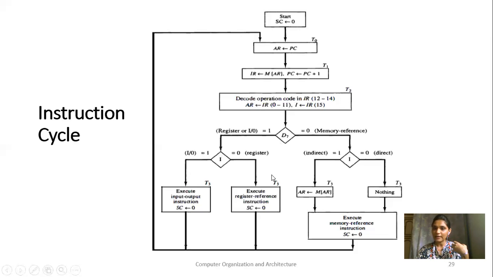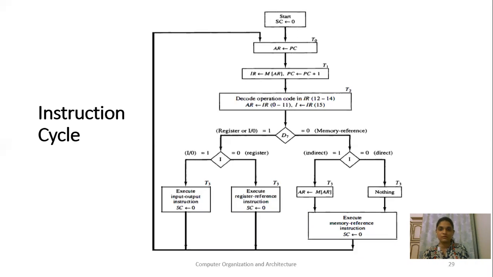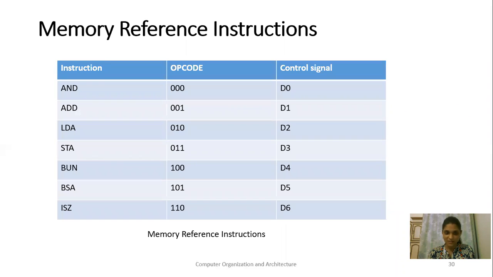According to that, at T3 time, you are going to execute the register reference or IO reference instruction. And at T3 time in a memory reference instruction, you are going to find out whether it's direct addressing or indirect addressing. And at the next timing signal, you will execute the instruction. And at the last stage, for every instruction, you will put the sequence counter to 0, so that the next instruction can be executed.